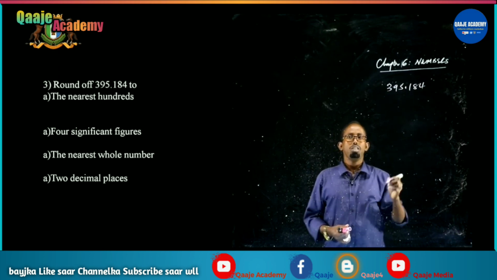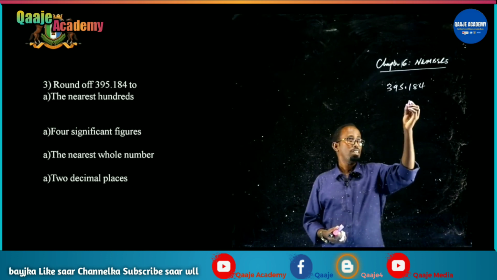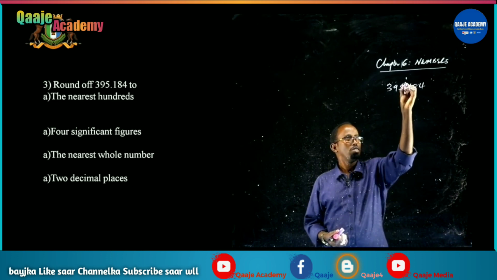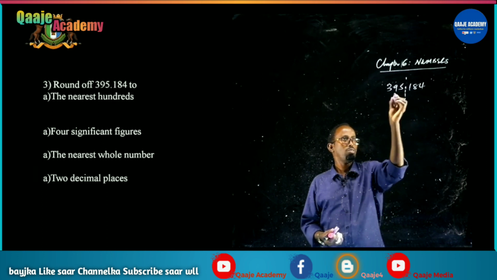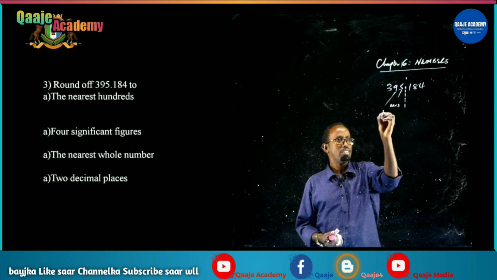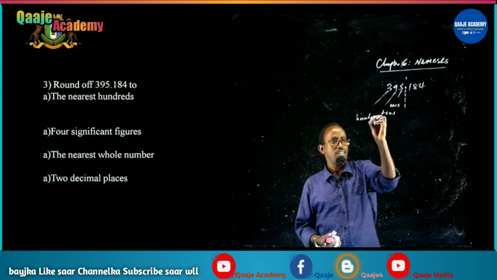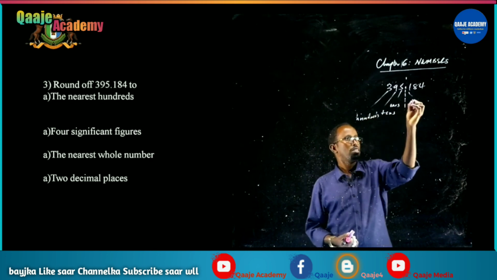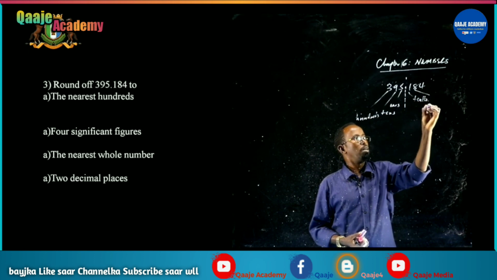So this is known as the decimal point line. Starting to the left, this is ones, then tens, then hundreds. That is the place value. This is a tenth, the next one becomes hundredths, and then lastly thousandths.